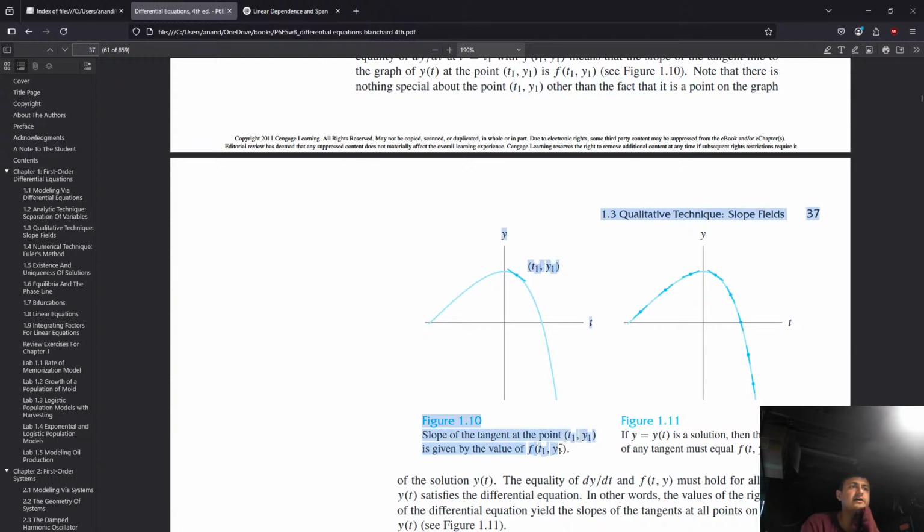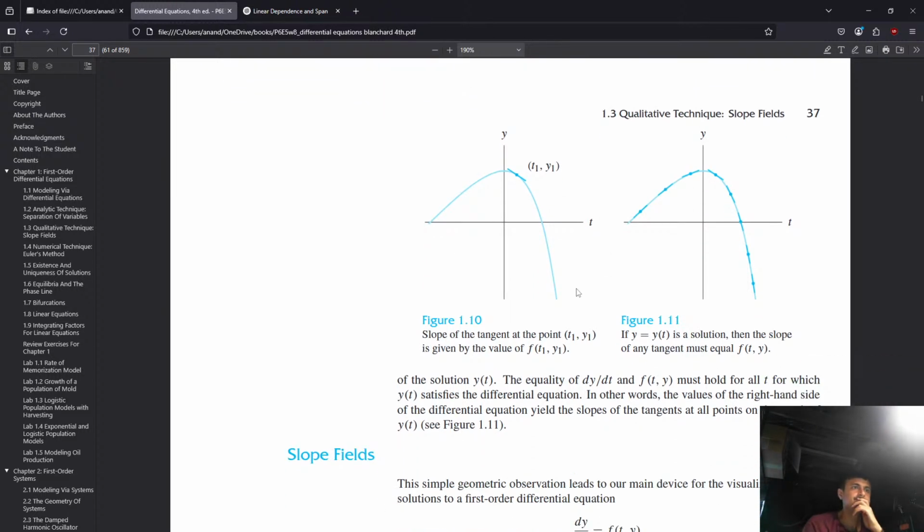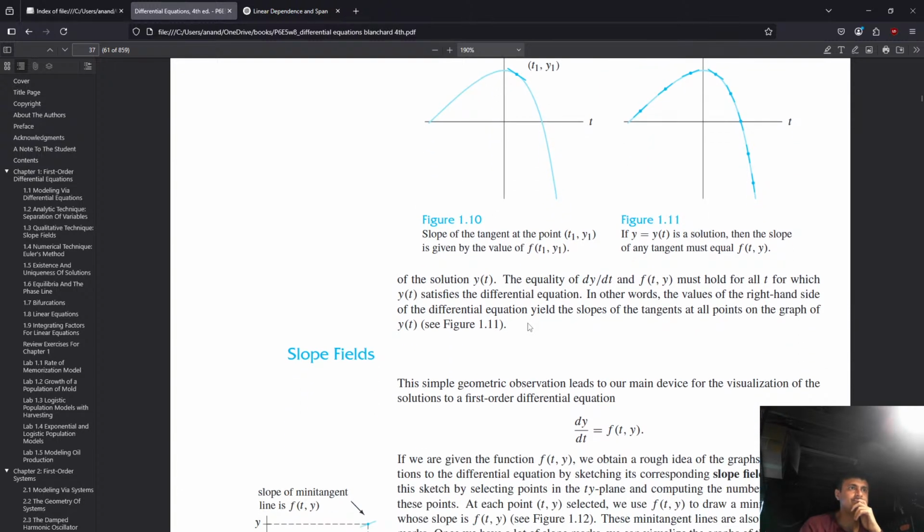And then using f to compute the tangent slope. The equality must hold for all t.